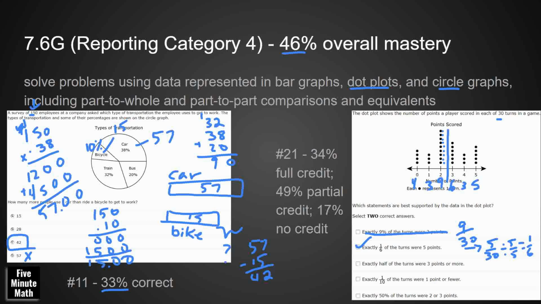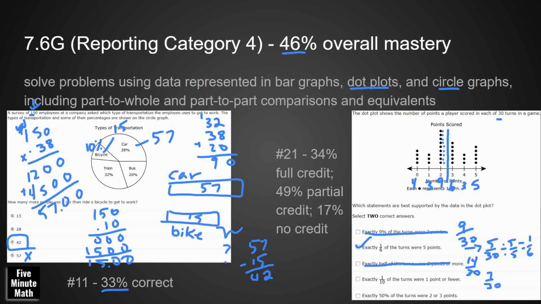And does it look like that's going to be exactly half, 3 points or more? Well, let's see. 6 and 3 is 9, plus 5 is 14 out of 30. So close. If it was one more, it would be correct. 15 out of 30 is exactly half. Exactly 1/10 of the turns are 1 point or fewer. So that's going to be 7 out of 30.